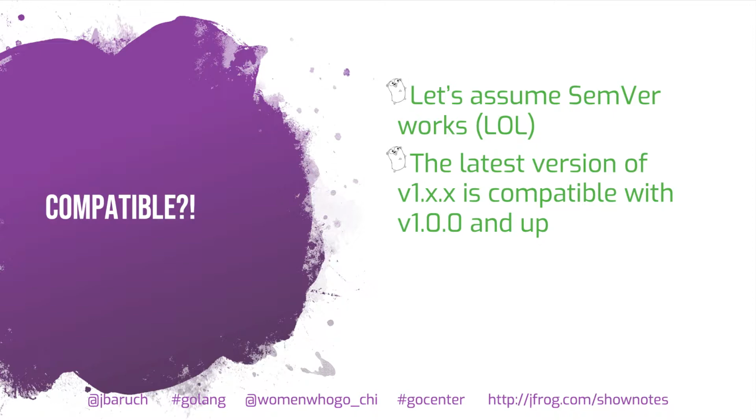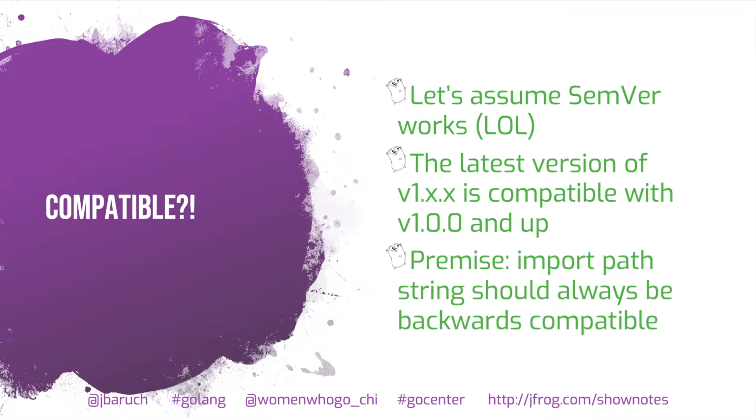Now, obviously, the problem is the world doesn't work that way. People introduce breaking changes, which are not backwards compatible, all the time, and do not bump the major version. But okay, let's presume that SemVer works.